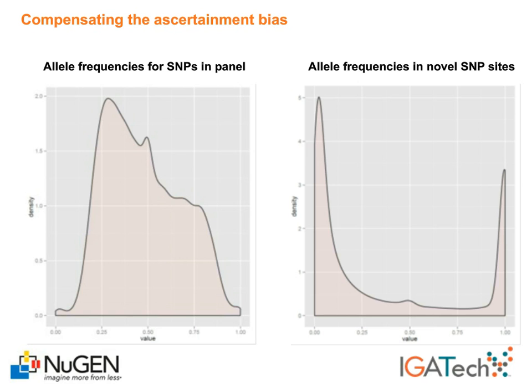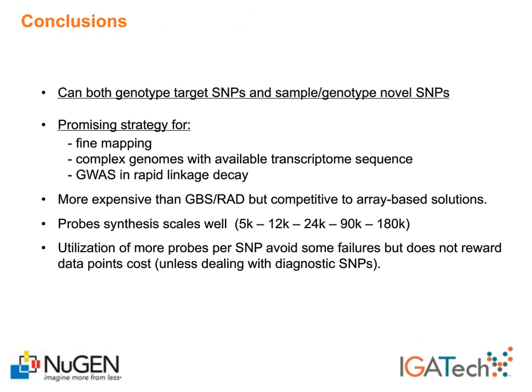So to conclude, this system, as we adopted it, can both genotype target SNP sites and also sample and genotype novel diversity. This targeted enrichment system for genotyping purposes is a very promising strategy for experiments where it's required to do fine mapping.